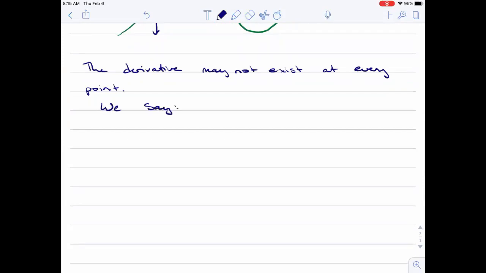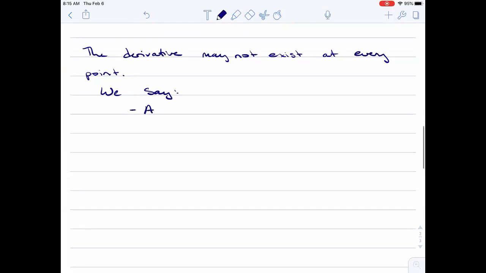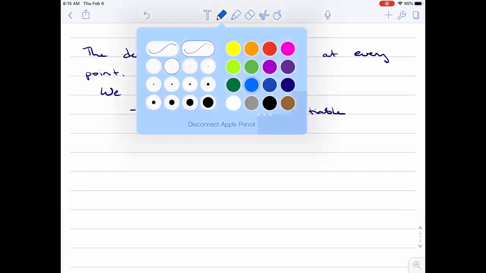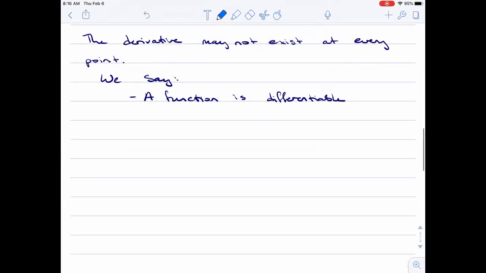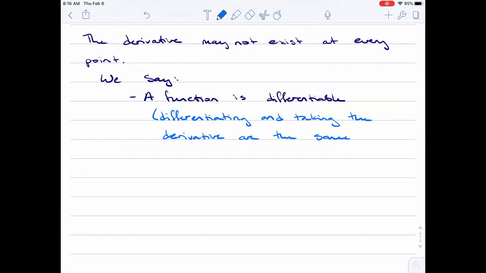So what we say is that a function is differentiable. I'm not sure I've used "differentiable" before, but differentiating and taking the derivative are the same thing.